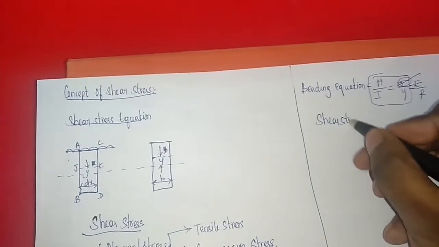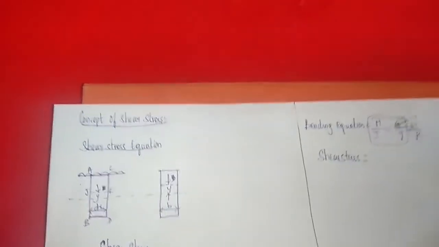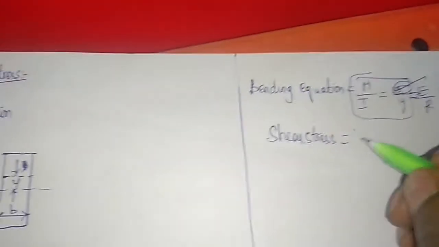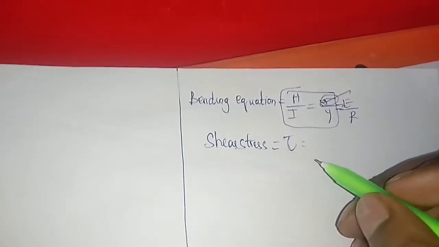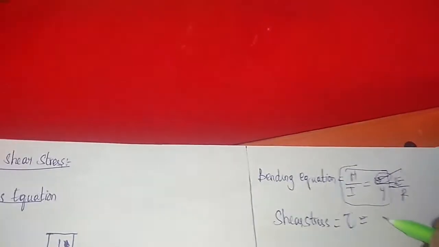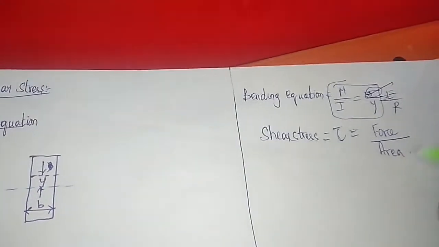Shear stress is nothing but force which is acting. Shear stress is denoted as tau. So tau is nothing but force per area, force by area.